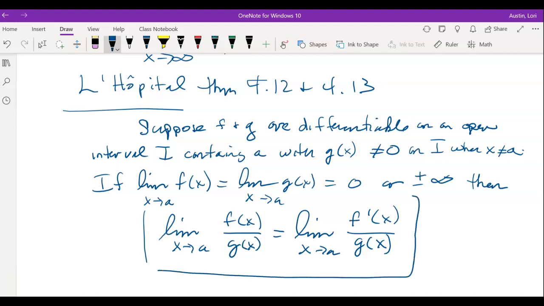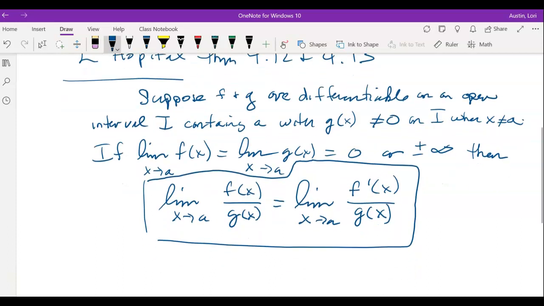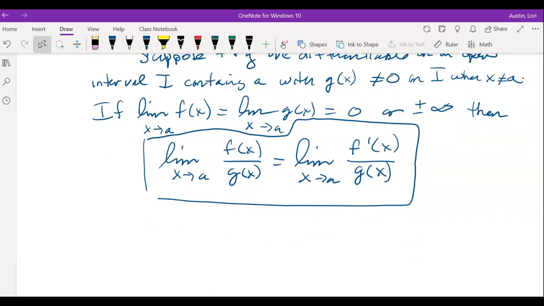This is it right here. This is the big part. If you take the derivative of both separately and take their limit, it's the same thing. So how does that work? I'm going to show you in the two examples I put up there.